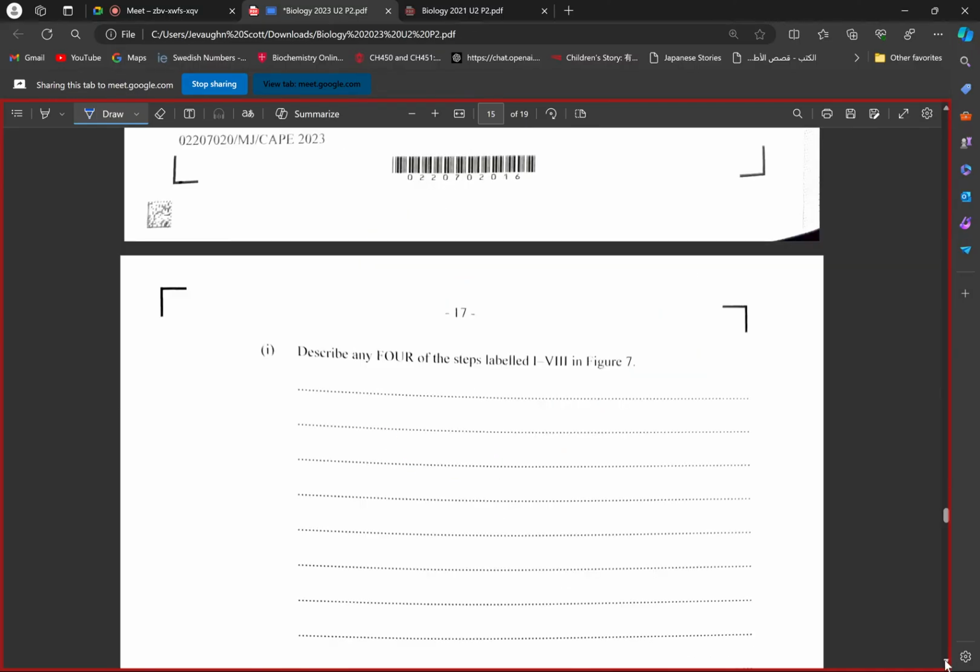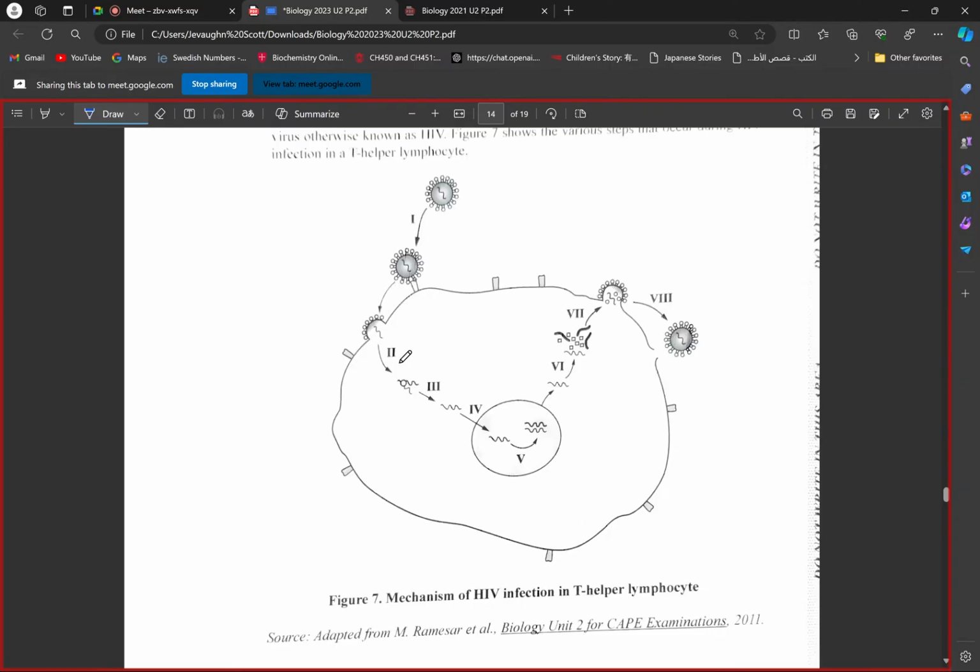Sir, what is happening between 2 and 3? Let's look at 2 and 3. What's happening here? We're looking at the breakdown of the capsule and the breakdown of the genetic information into the mRNA.